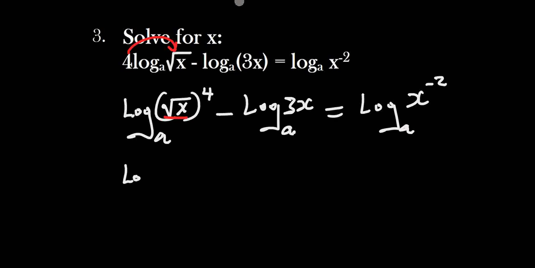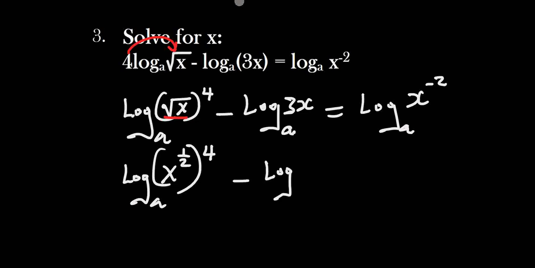So this will become log x raised to power 1/2 in parentheses, 4 to base a minus log 3x to base a equal to log x to the power of negative 2 to base a.